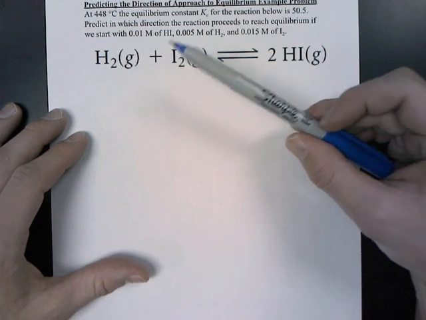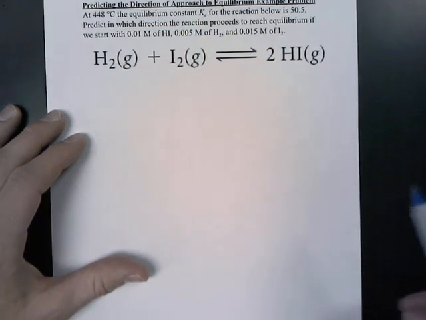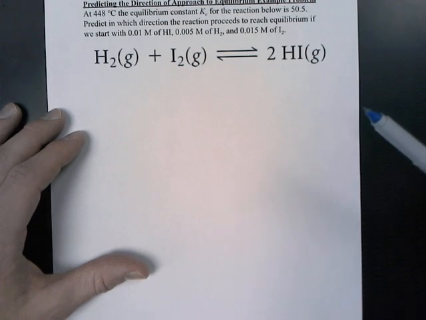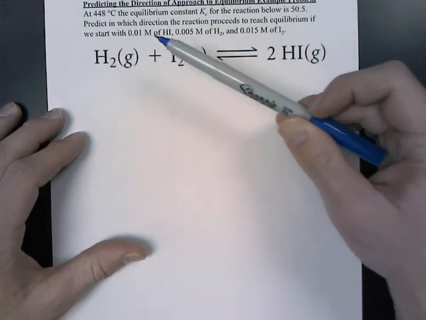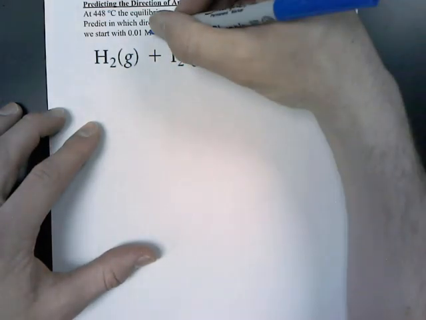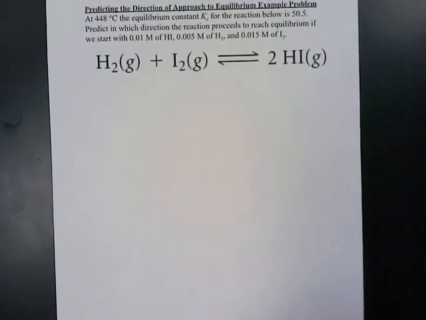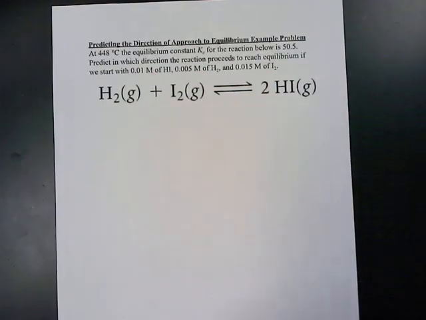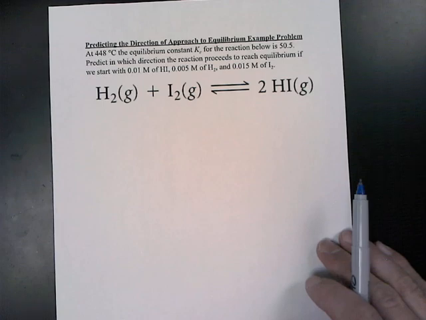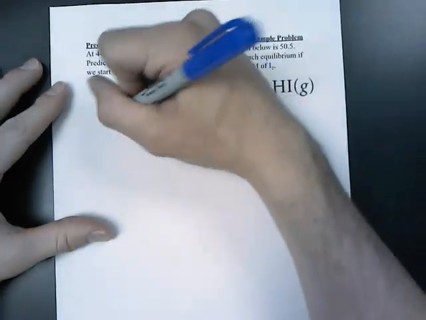Now, we want to predict the direction the reaction needs to proceed if we have these particular conditions. Now, these things right here, I'm going to touch on this again, but we can plug them directly into our Qc.